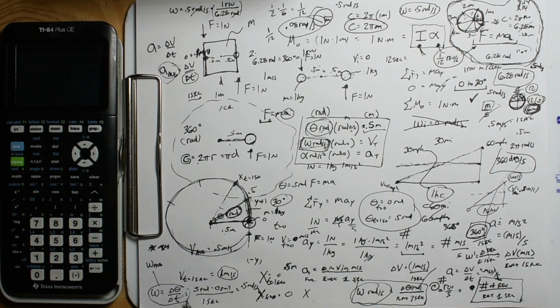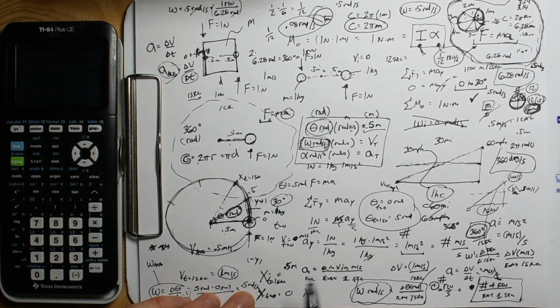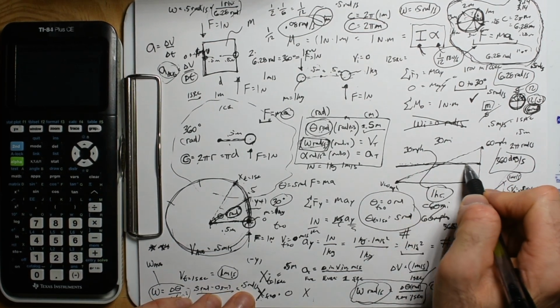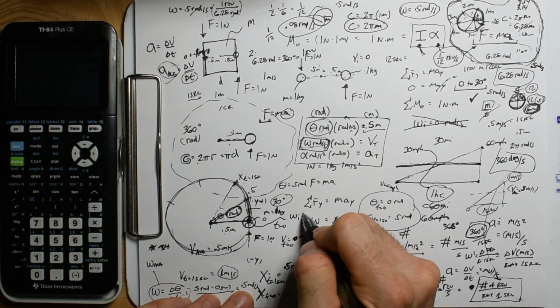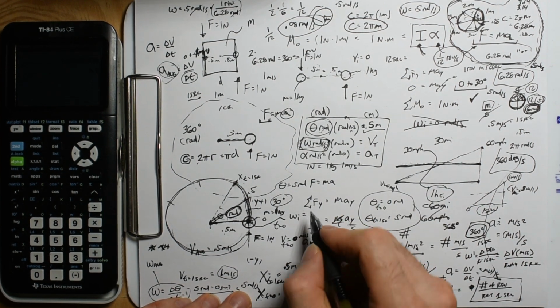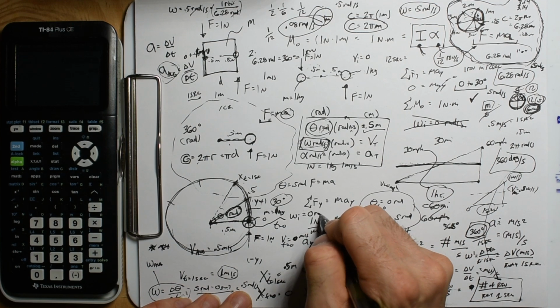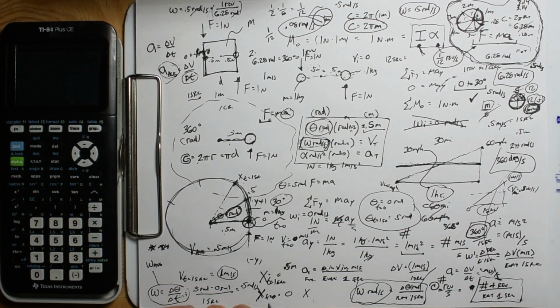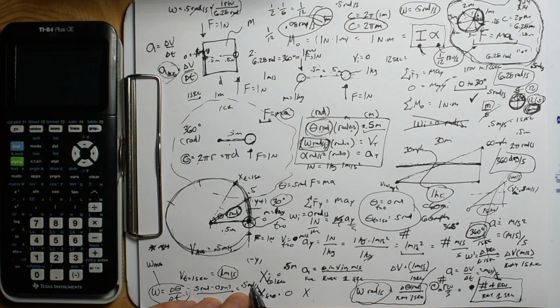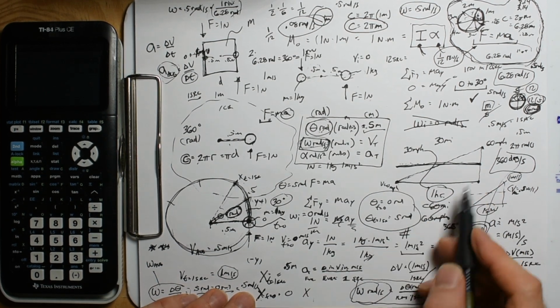But again, this is our average speed. So now you kind of have to do this in reverse. We know at the beginning, omega initial, this thing is stopped. So this is 0 radians per second.